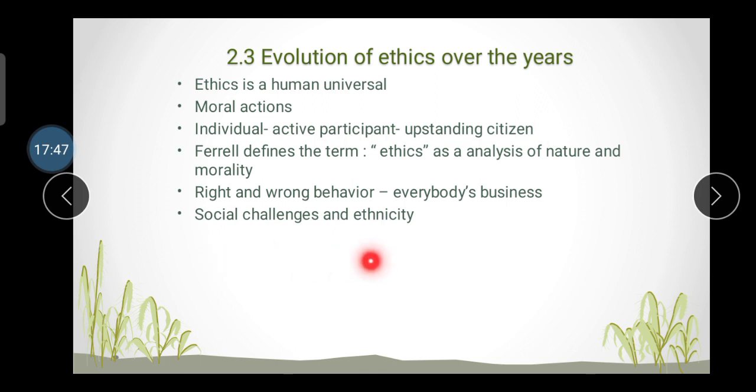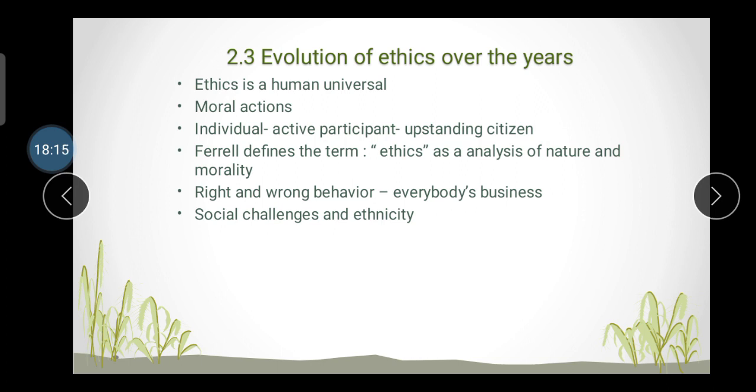Then social challenges and ethics. Whatever social problems they face, they have to meet this ethics, and then try to follow and implement it. In the United States they started in 1970 to establish ethics, and they were followed first of all by businesses and professions.